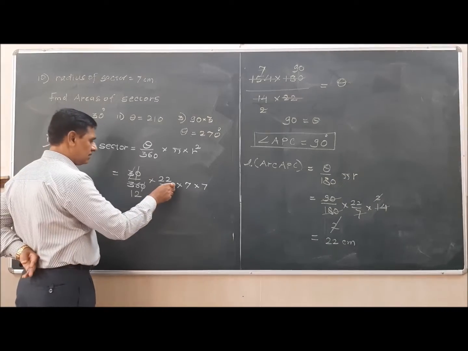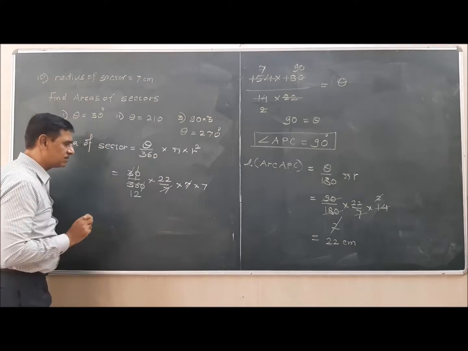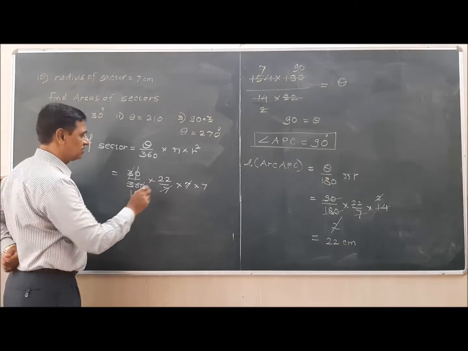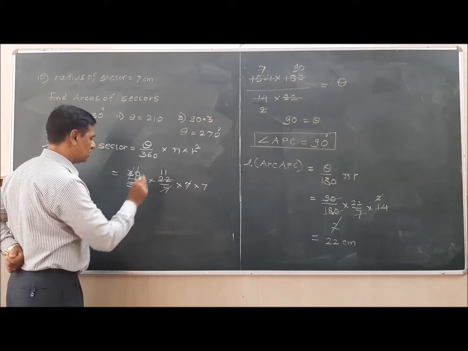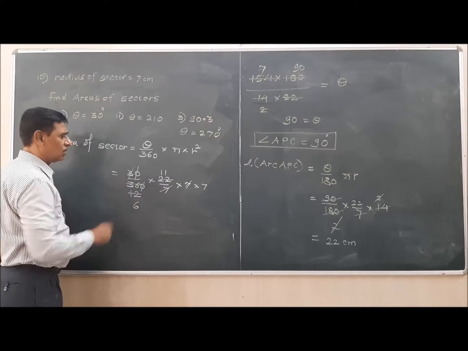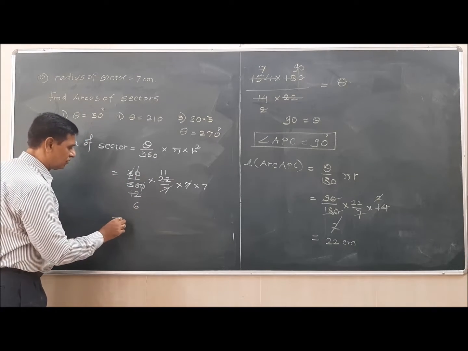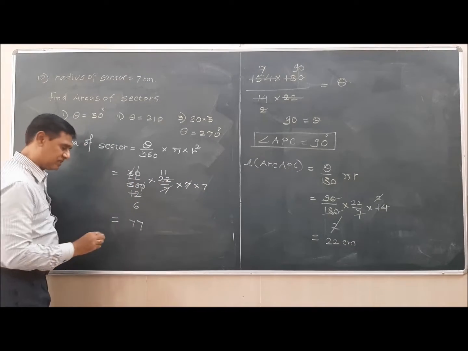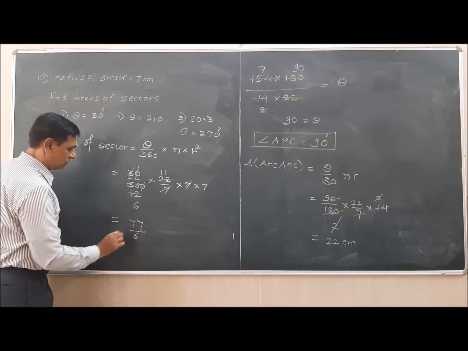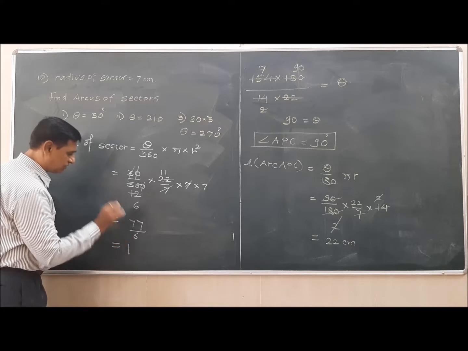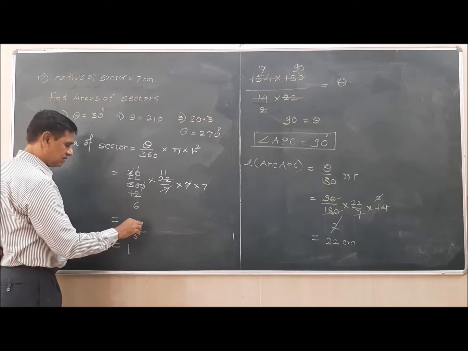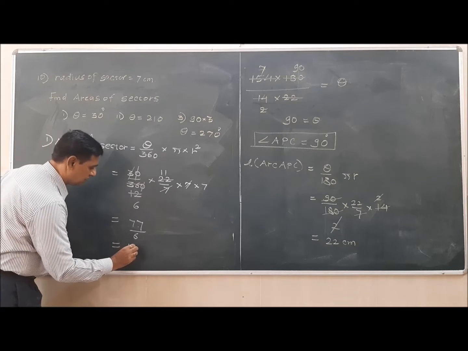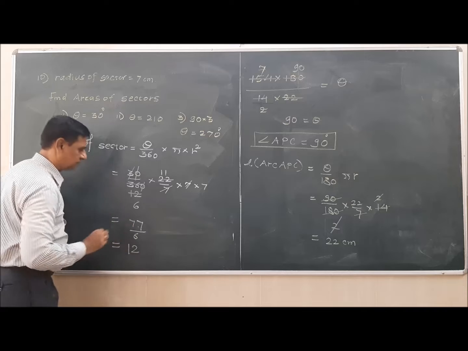Well, let's see here. 7, 7 will also get cancelled. These two numbers, 22 and 12, are even numbers. 2 ones are 2, 2 sixes are 12. So 11 sevens are 77 upon 6. So that is equal to 6 ones are 6. Remainder is 1. 6 twos are 12.